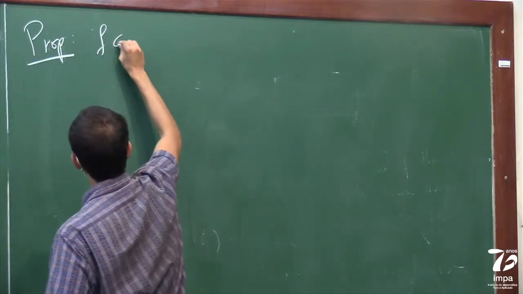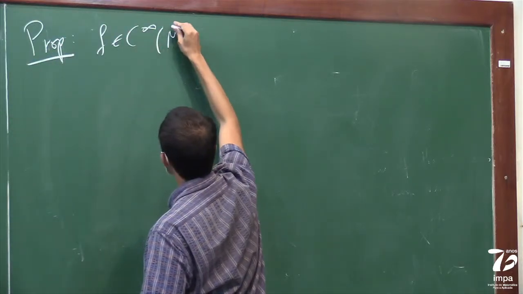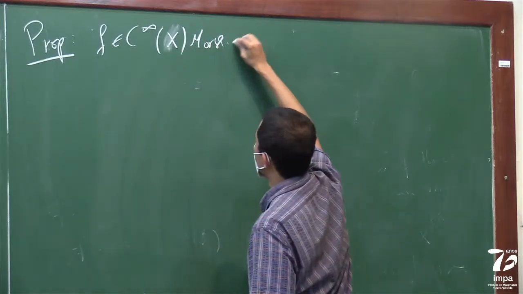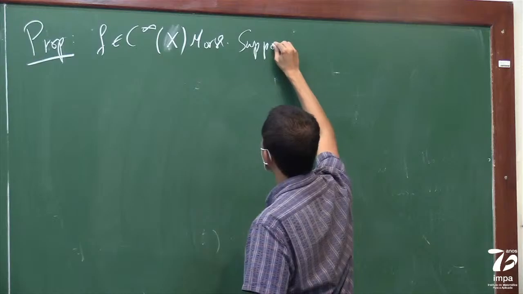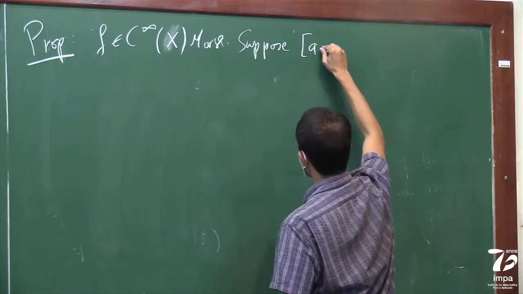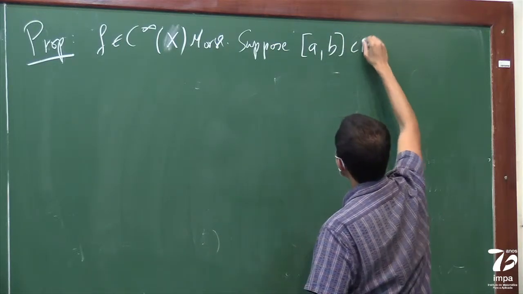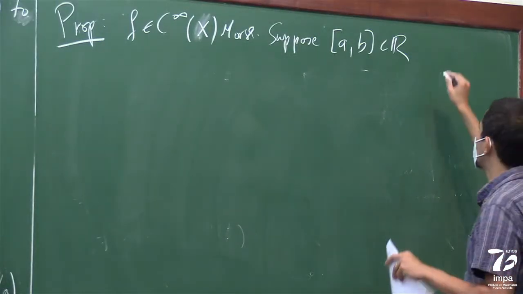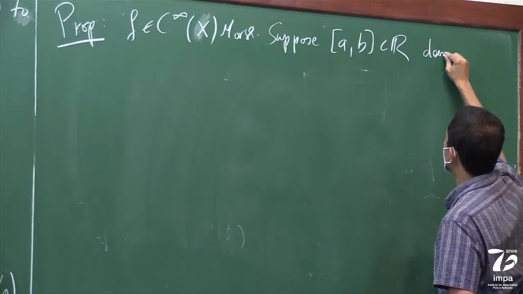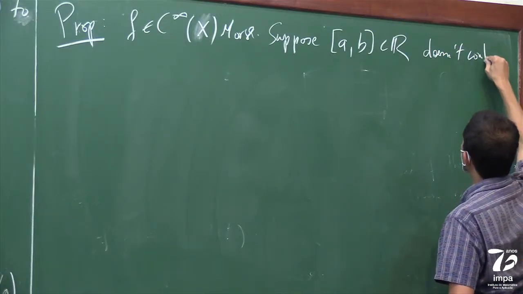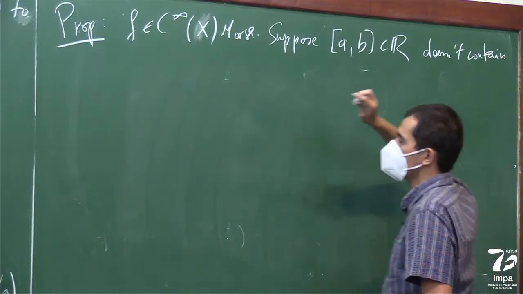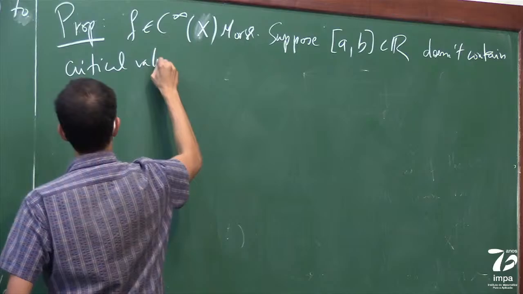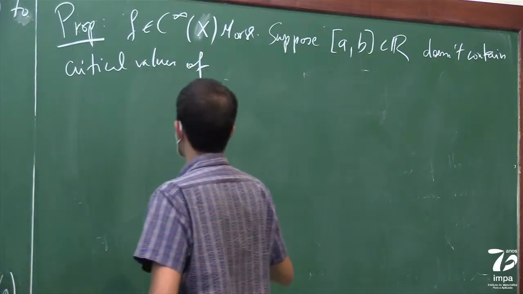Let f be a Morse function on X. Suppose that you have an interval in R that doesn't contain any critical values of f.